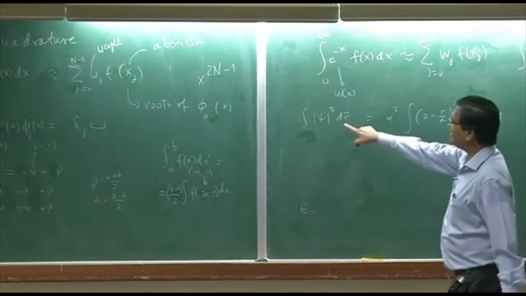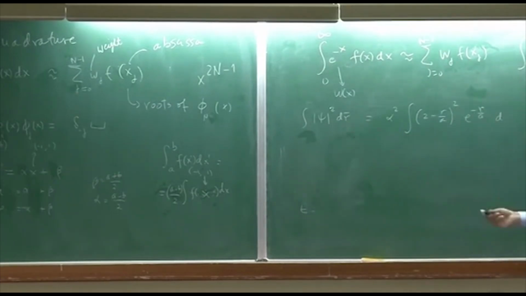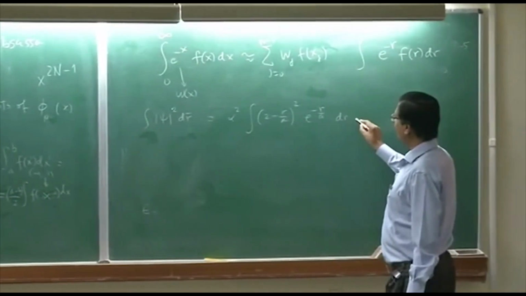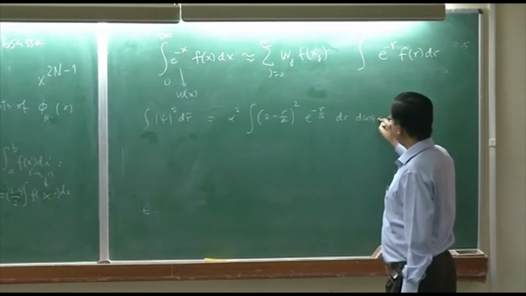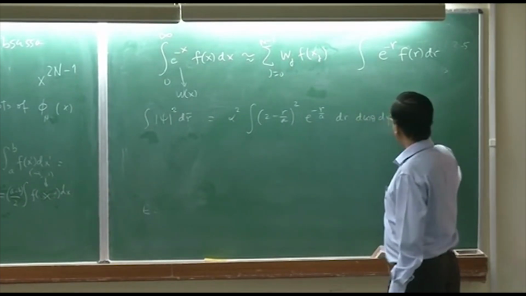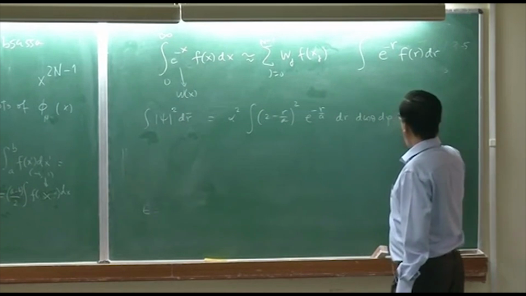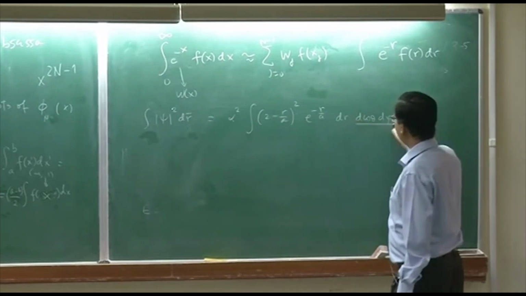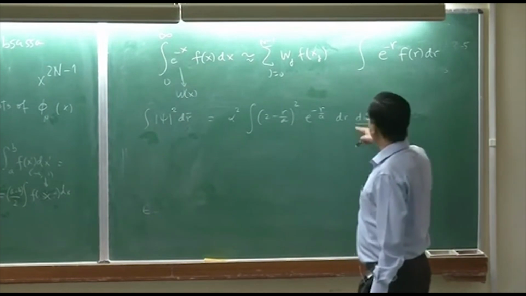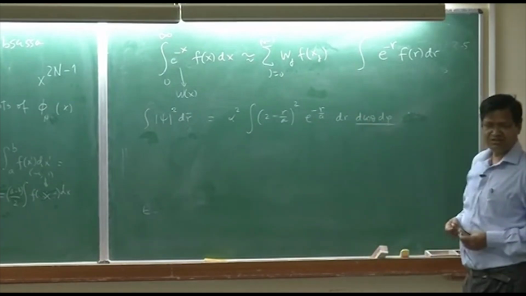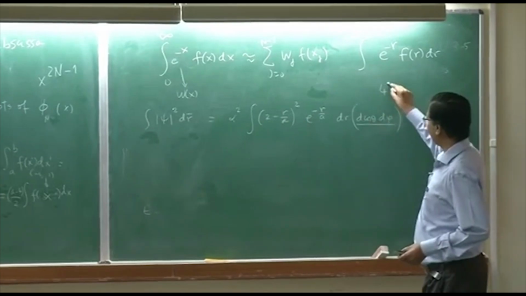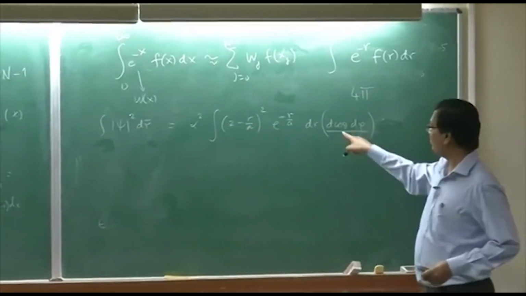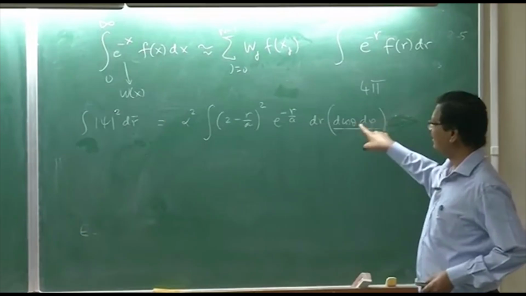So this is a volume integral, dr, and there is a d cos theta d phi. Since there is no theta or phi dependence, this gives you 4 pi: 2 coming from the cos theta integral and 2 pi from the phi integral. So I have to do this integral.